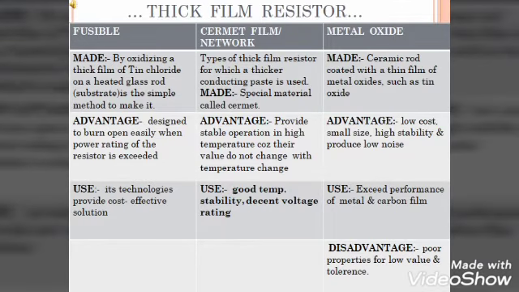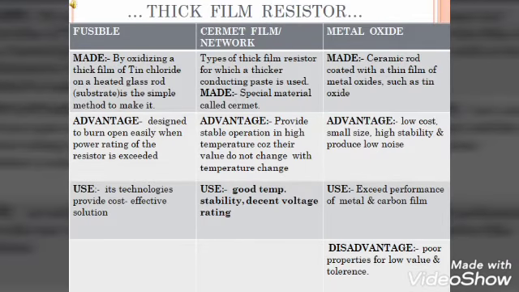Now, what is a ceramic film or network film thick resistor? They are the type of thick film resistors for which a thicker conducting paste is used, and they are made from cermet, which is a special material.